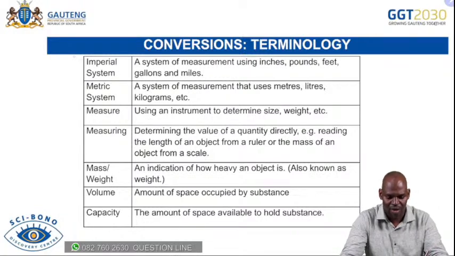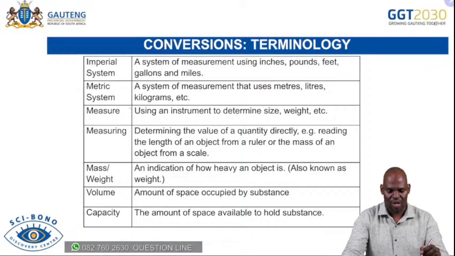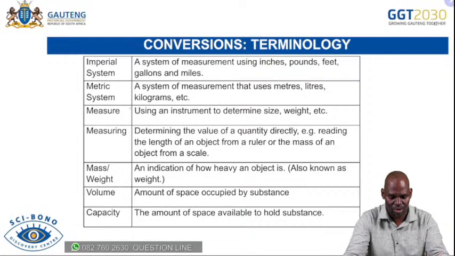Then measure. What do we mean when we say measure? Measure a distance, measure a weight. When you say measure, you're using an instrument to determine size, weight, volume, and so on.